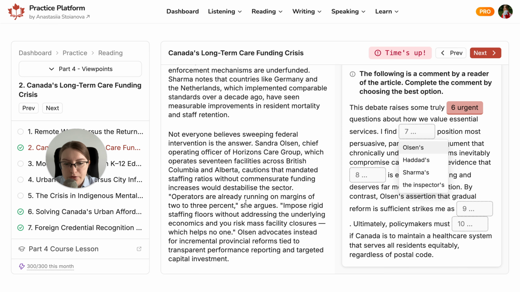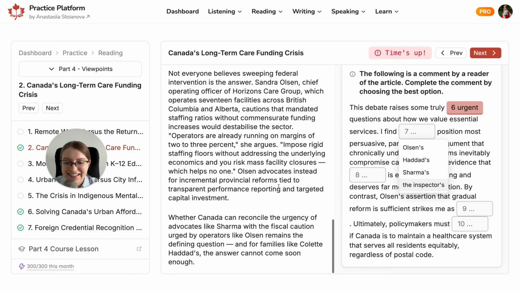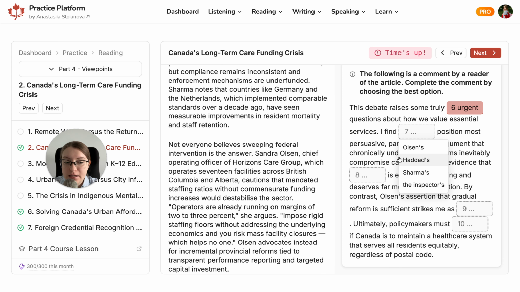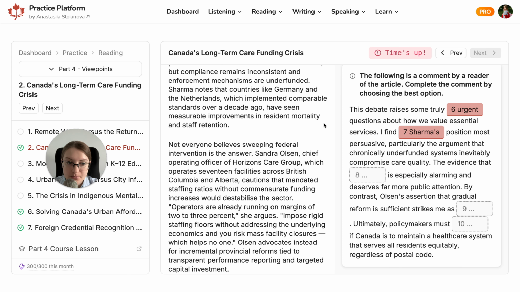It's more about criticizing, imposing hours, yeah? Rigid hours, rigid floors and stuff. So, and it was Sharma's and then the inspectors. Just like a random option sometimes. If we're lucky, we get something easy like that. Yeah. So, but anyway, the correct answer here is Sharma's. Let me show you why.